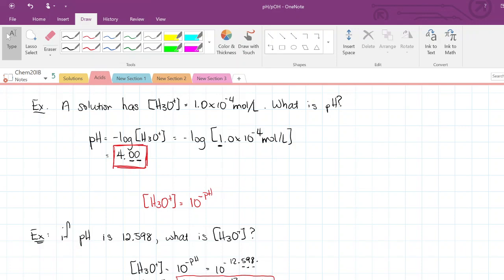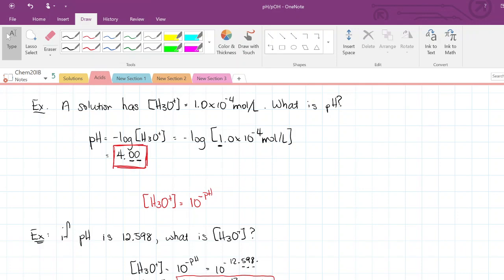At this point, I would highly recommend that you have a calculator you work with constantly, and you don't switch around between your phone and your scientific calculator or a friend's calculator, because there's nothing worse than being on a test and trying to figure out how to use a calculator properly. So hopefully by this point you've got your pH of 4.